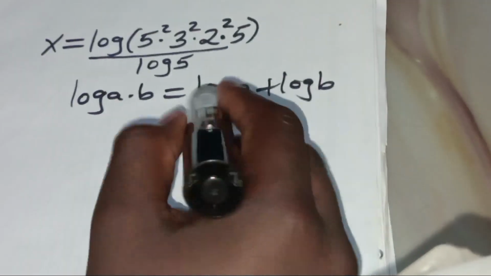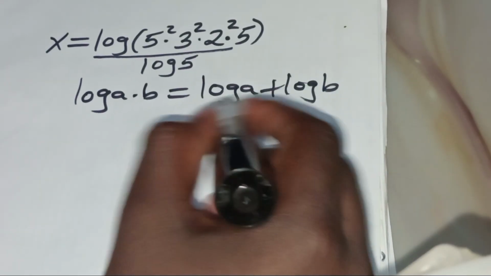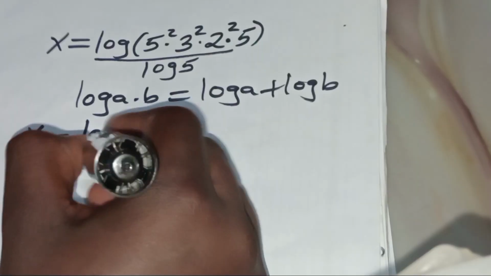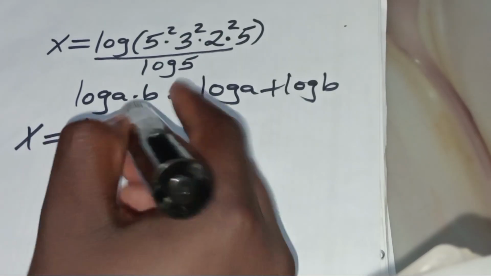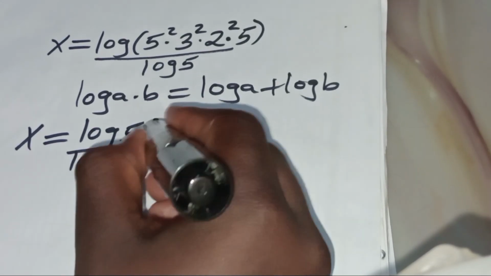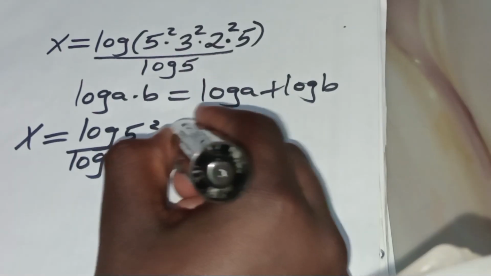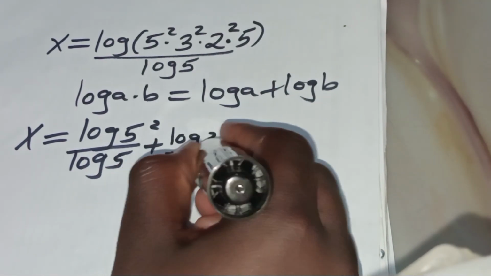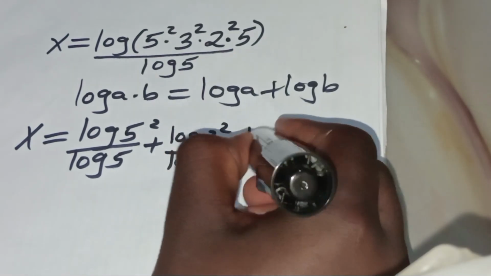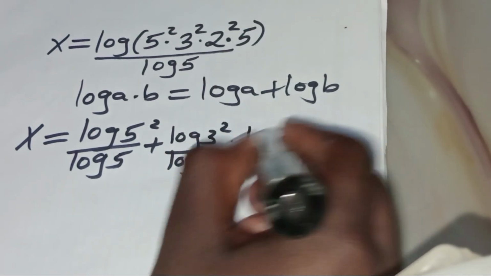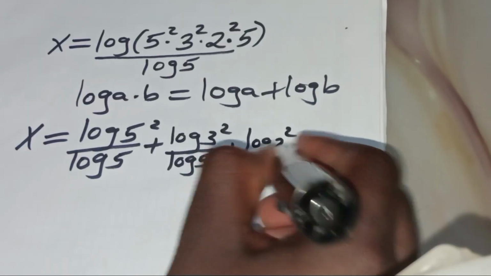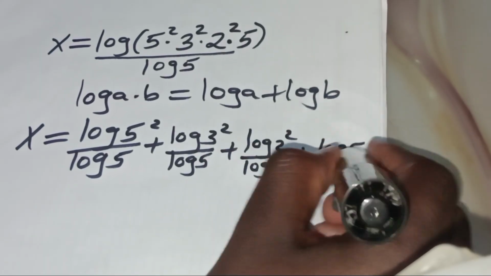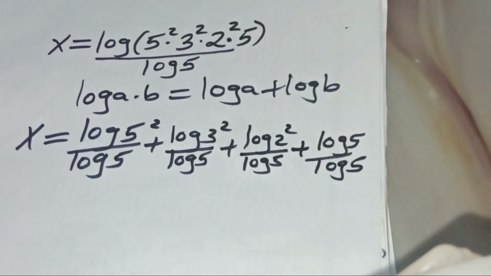Applying this logarithm property, we'll have x equal to log 5 to the power 2 divided by log 5, plus log 3 to the power 2 divided by log 5, plus log 2 to the power 2 divided by log 5, plus log 5 divided by log 5.